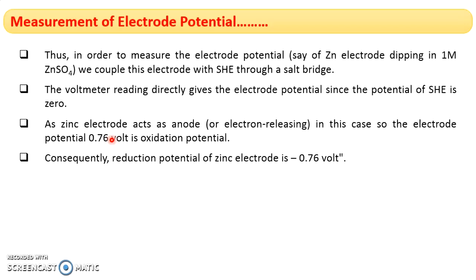So 0.76 volts is the oxidation potential of the zinc electrode, and by changing the sign we can find the reduction potential of the zinc electrode, which must be minus 0.76 volts.